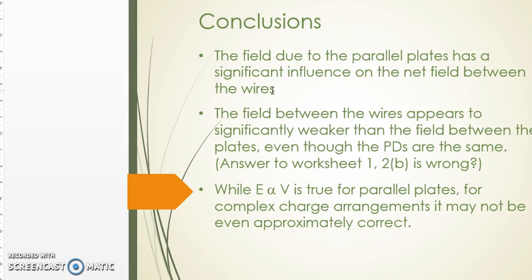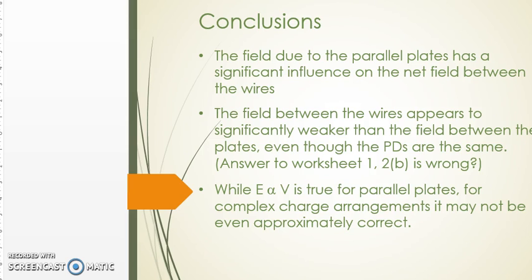And my query is, is it really true that the field is proportional to the potential no matter what configuration we have for the charges? And my diagrams seem to suggest that that is not the case.